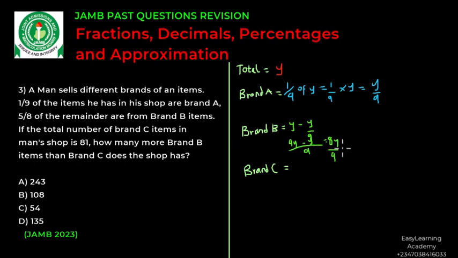Since we've got the remainder, there's no need to put "of" again. Let's just use times: 5/8 times 8Y over 9.